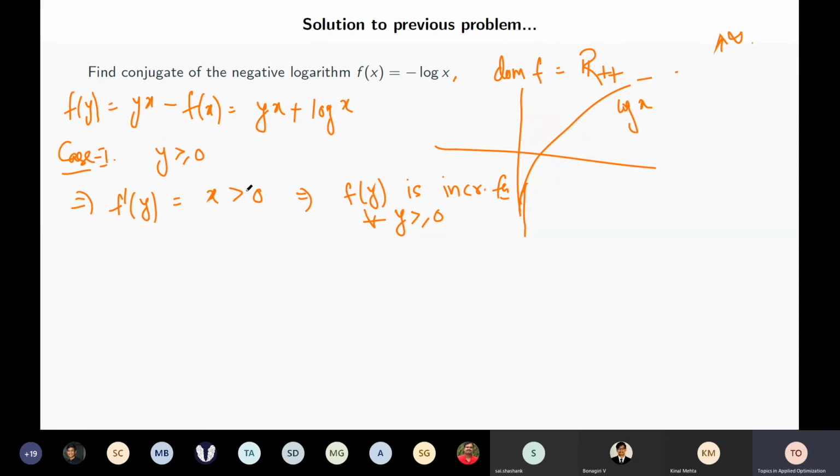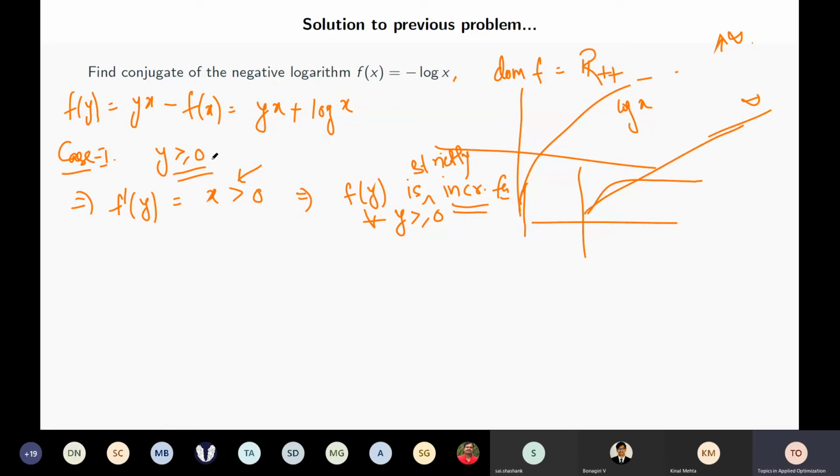So this tells us that f star as a function of y for y greater than or equal to 0 will become unbounded because this is always increasing. In fact, it is strictly increasing, so it will not go and become flat. Since it is strictly increasing, it will go up to infinity only, because it has to increase all the time. So that's the case. It will be unbounded.